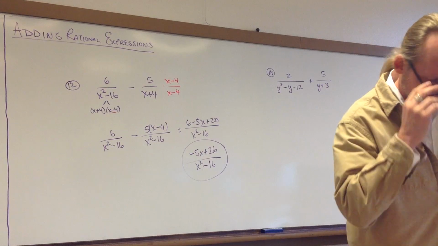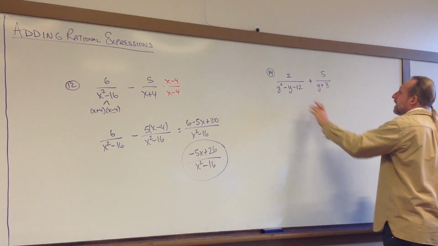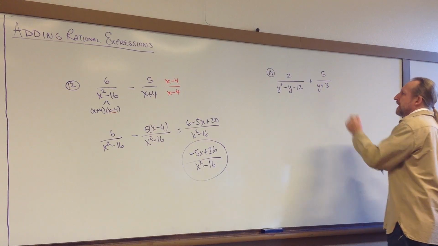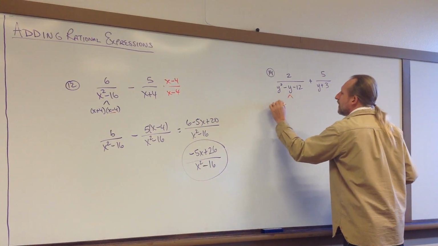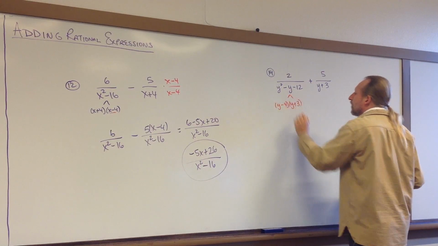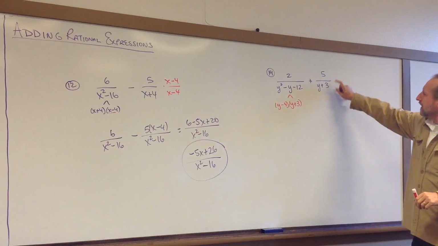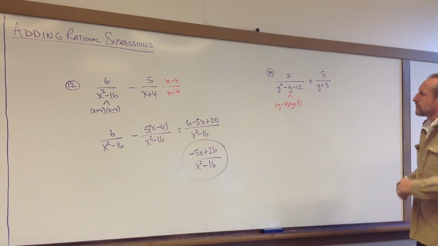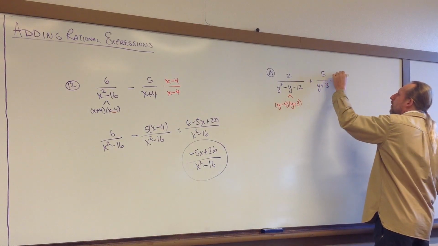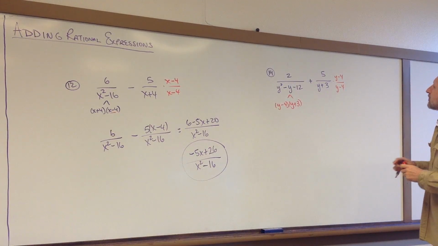Okay, so it's good to know the factors of your denominators. This one is prime, can't be factored. This one factors as y minus 4 times y plus 3. So this is going to be our common denominator, and we'll turn this one into this one by multiplying it by y minus 4 over y minus 4.